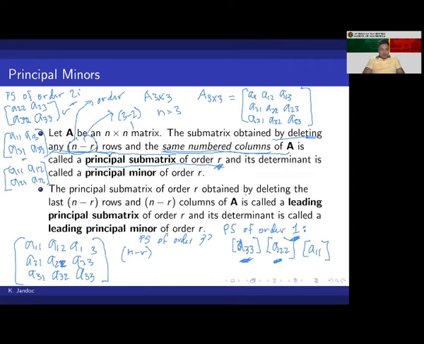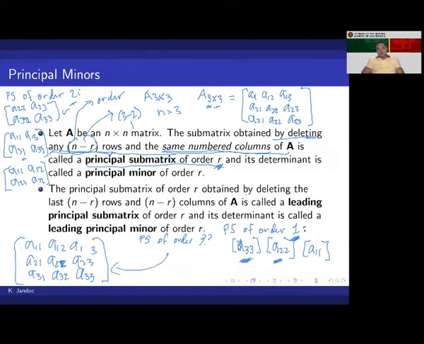But in this case, r equals 3, so n, which is 3, the order of the matrix A, minus r, 3, equals 0. So we shouldn't delete any row nor column. So we're left with the matrix itself. So the principal submatrix of order 3 is this matrix.